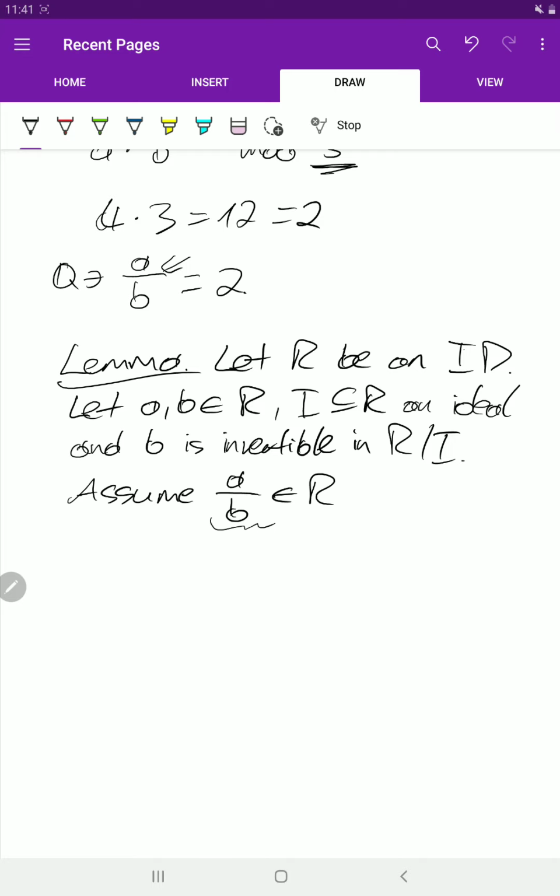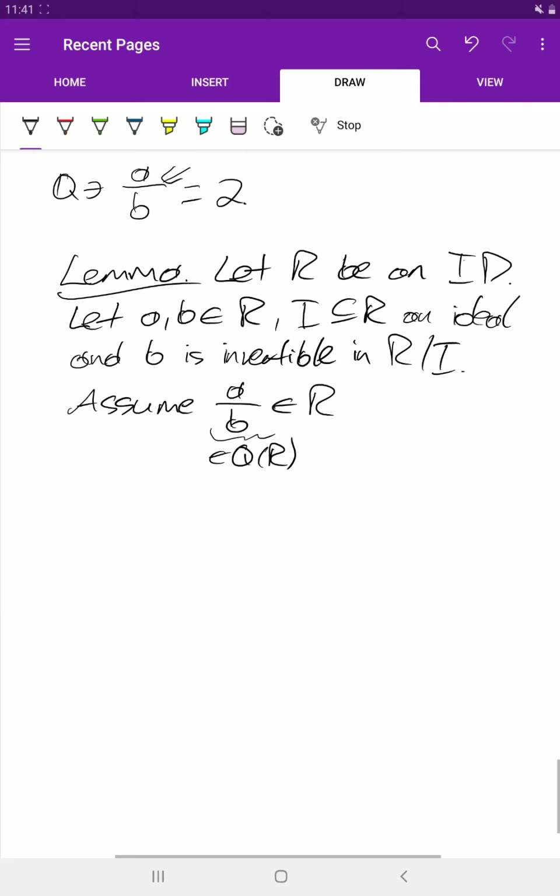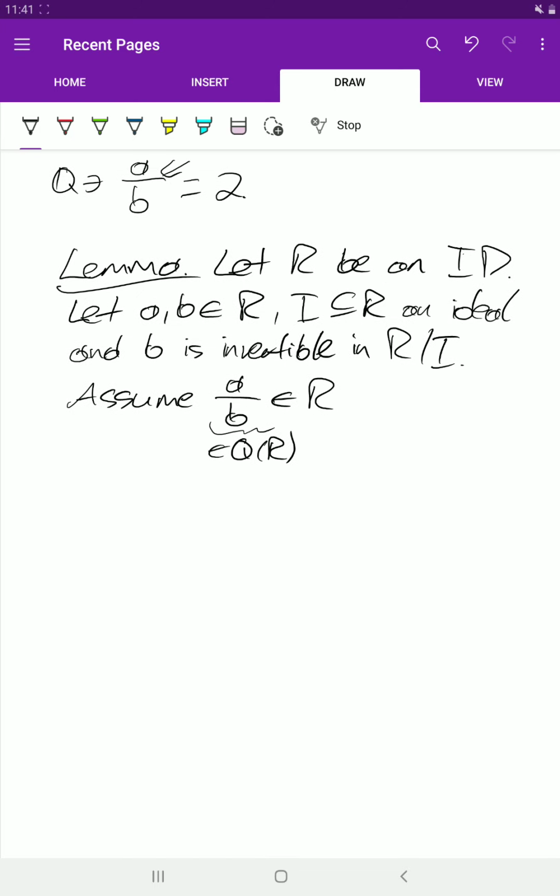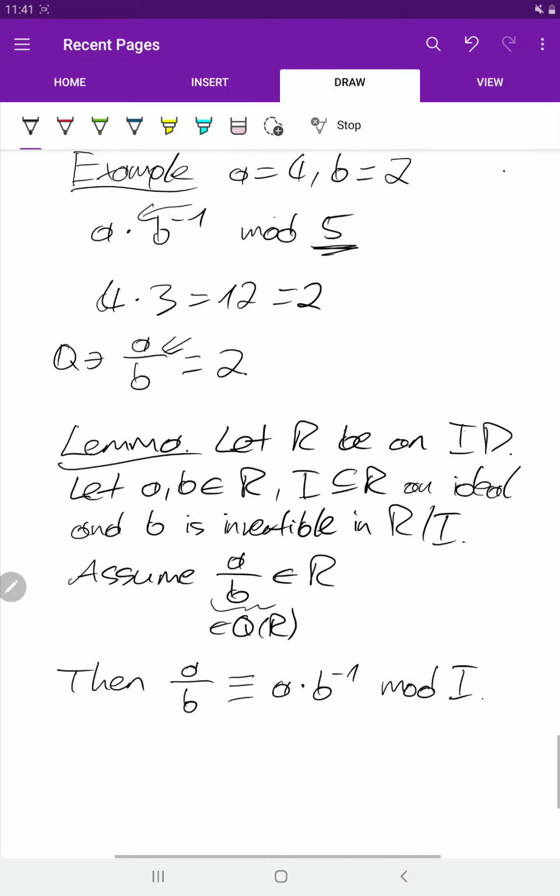So this is at first an element in the field of fractions, and then we assume that it's actually in the ring, and then we have that A divided by B is congruent to A times B inverse modulo I. So that's the statement.